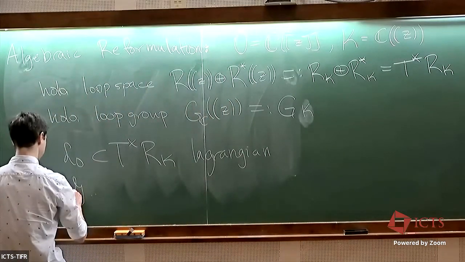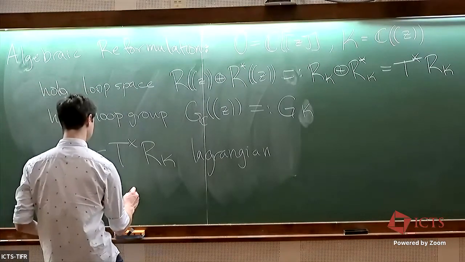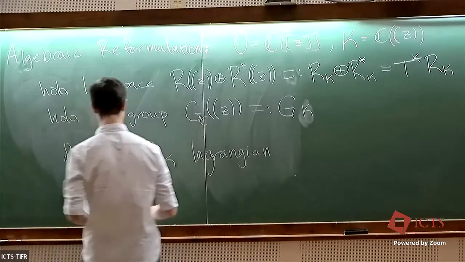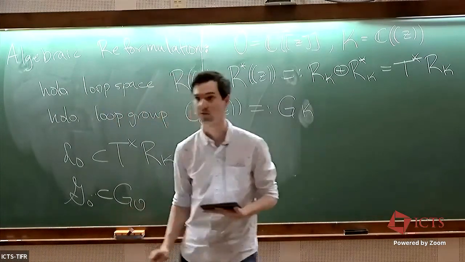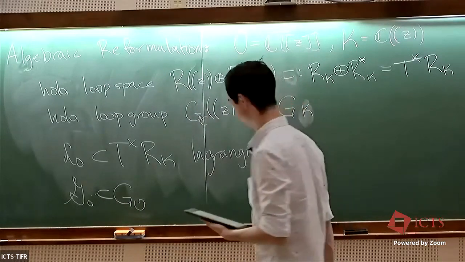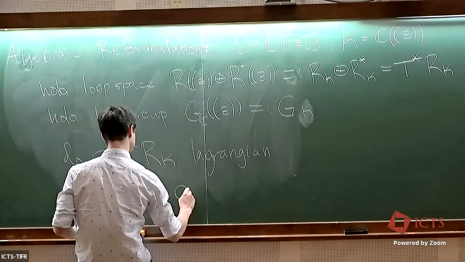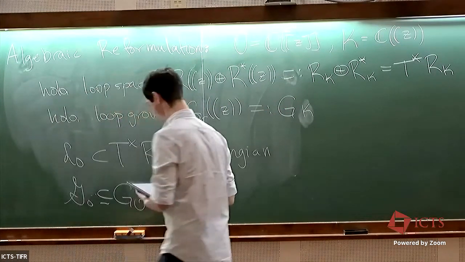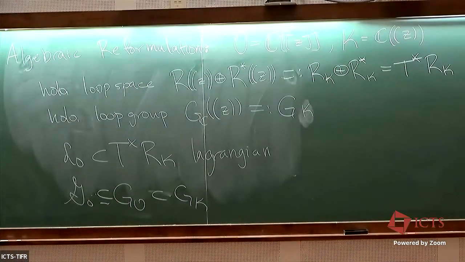And a choice of G0, which is a subgroup of G sub O, where I have only Taylor series entries rather than general Laurent series. And this is some nice finite codimension thing inside of G sub K, some subgroup of G sub K.